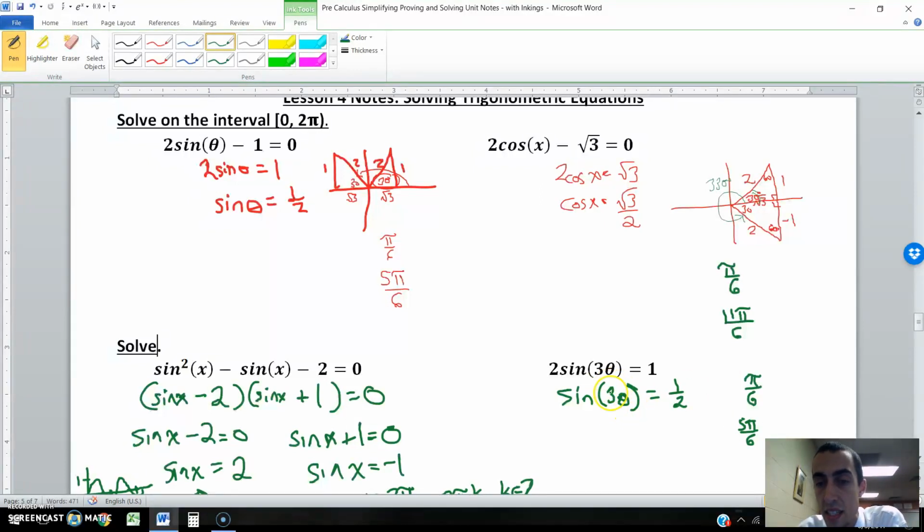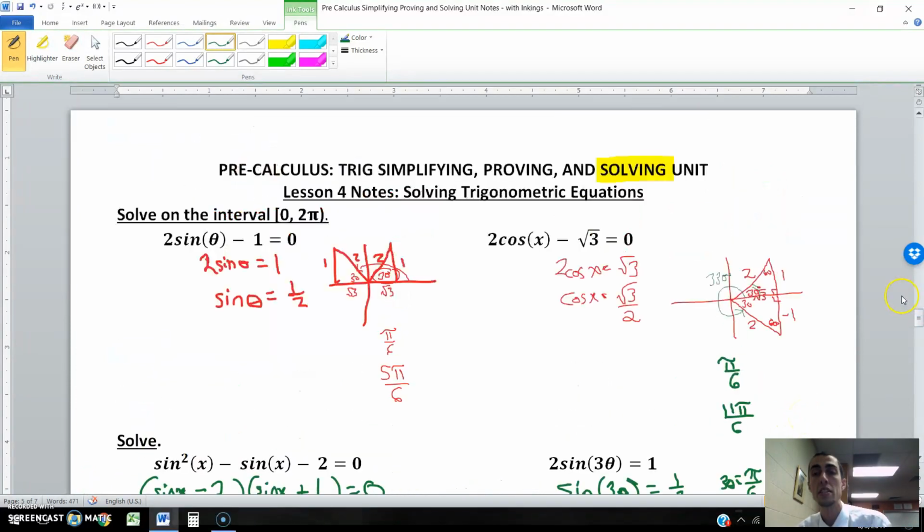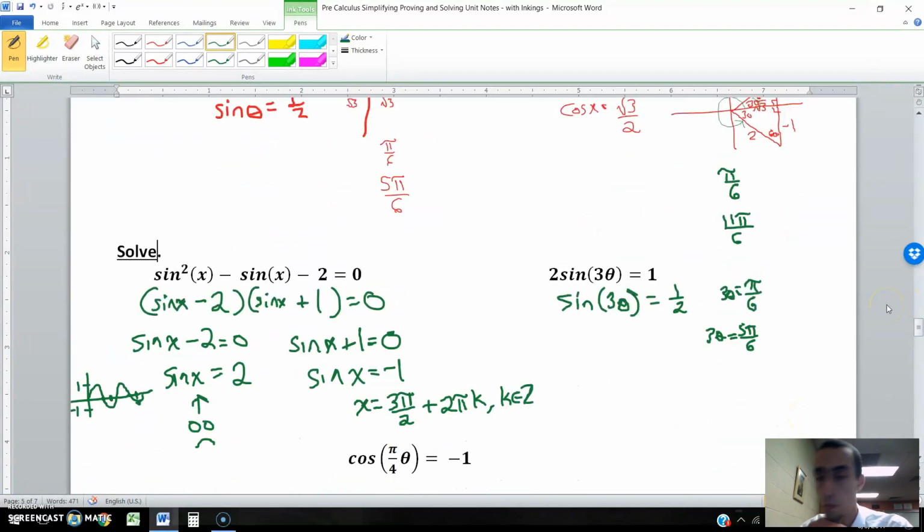Now, I see that 3 theta equals my angle, pi over 6, and 3 theta equals 5 pi over 6. So when you've got these numbers being multiplied in front of your angle, you need to divide both sides by, in this case, 3, in order to get rid of that 3.